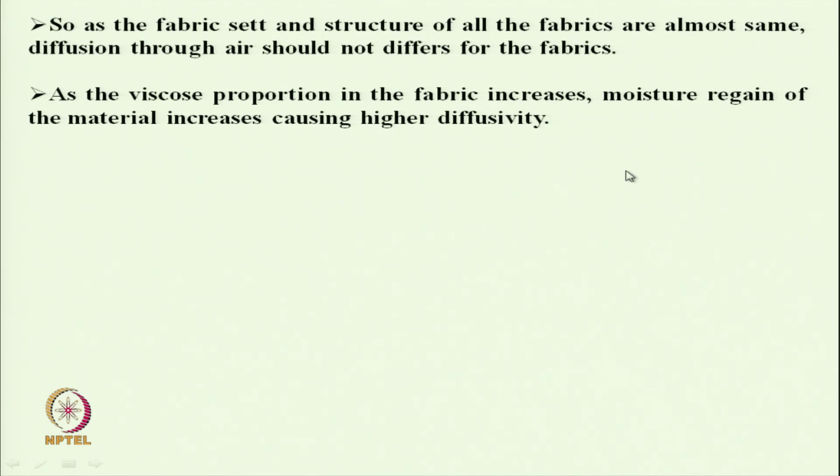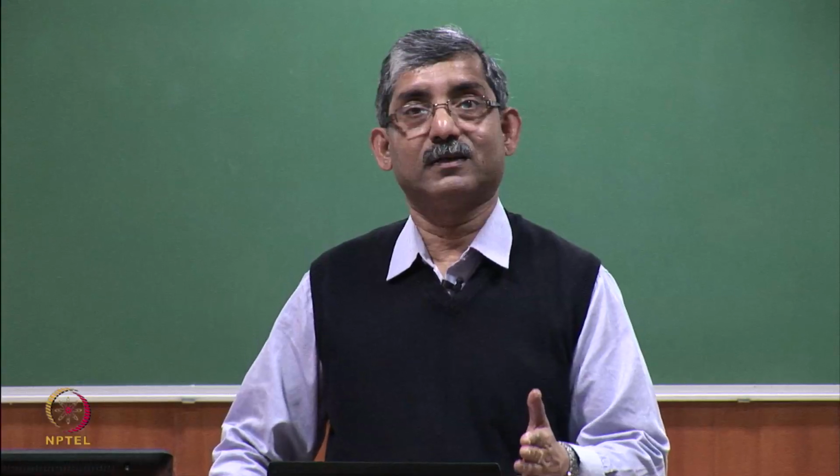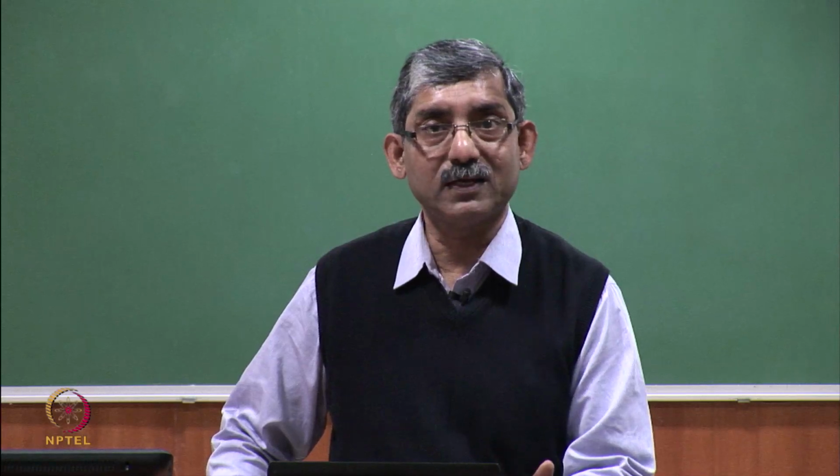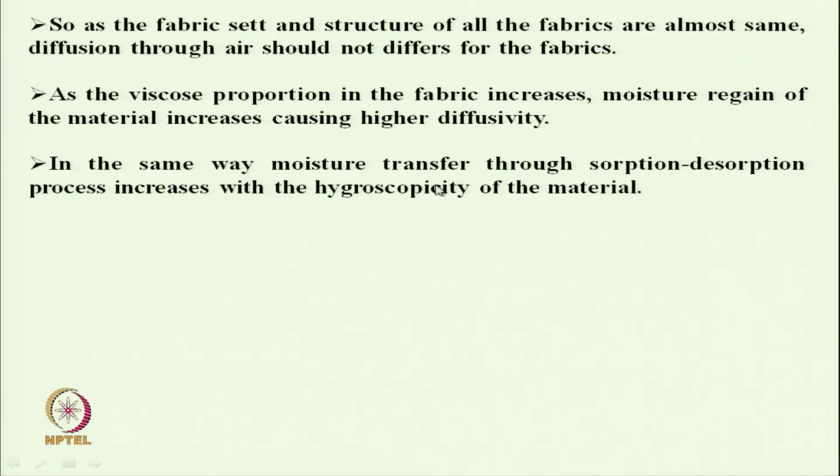So non-Fickian diffusion will also be there here. In the same way, moisture transfer through the sorption desorption process increases with the hygroscopicity of the material. So both non-Fickian diffusion and the sorption desorption method of moisture transmission take place here.